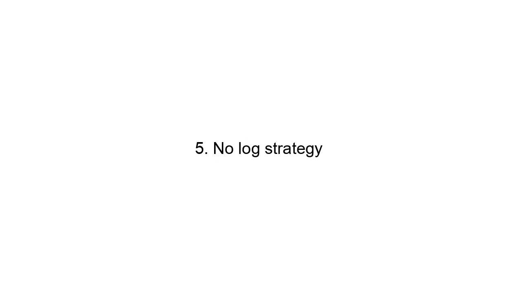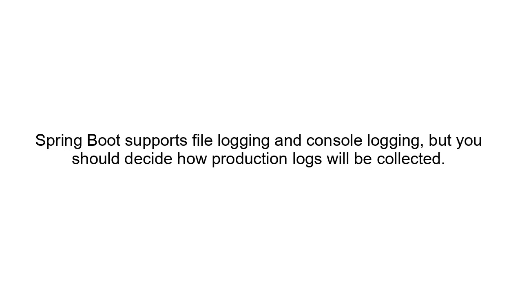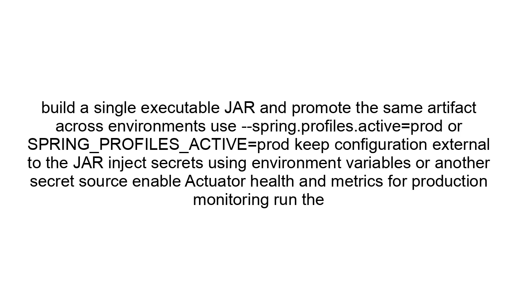5. No log strategy. Spring Boot supports file logging and console logging, but you should decide how production logs will be collected. Best practices include: build a single executable jar and promote the same artifact across environments. Use spring.profiles.active=prod or SPRING_PROFILES_ACTIVE=prod. Keep configuration external to the jar.